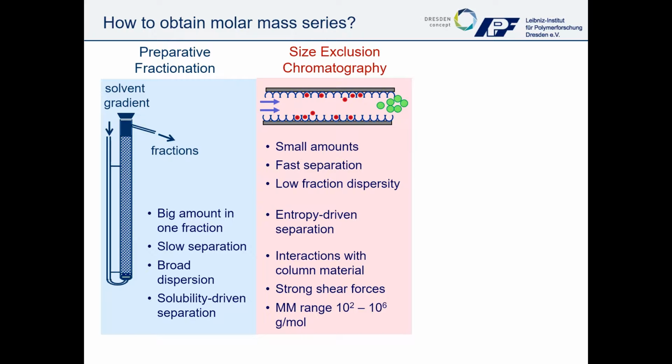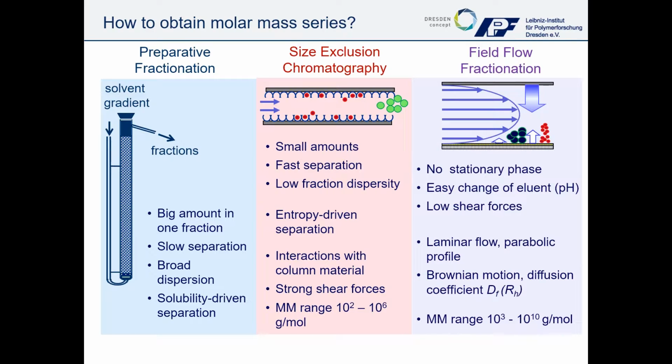Another method, which is relatively new compared to chromatography, is field flow fractionation. Within this method, we do not have a channel filled with material with different pores, as is the case in chromatography, but a channel within which the particles are separated according to their diffusion properties.